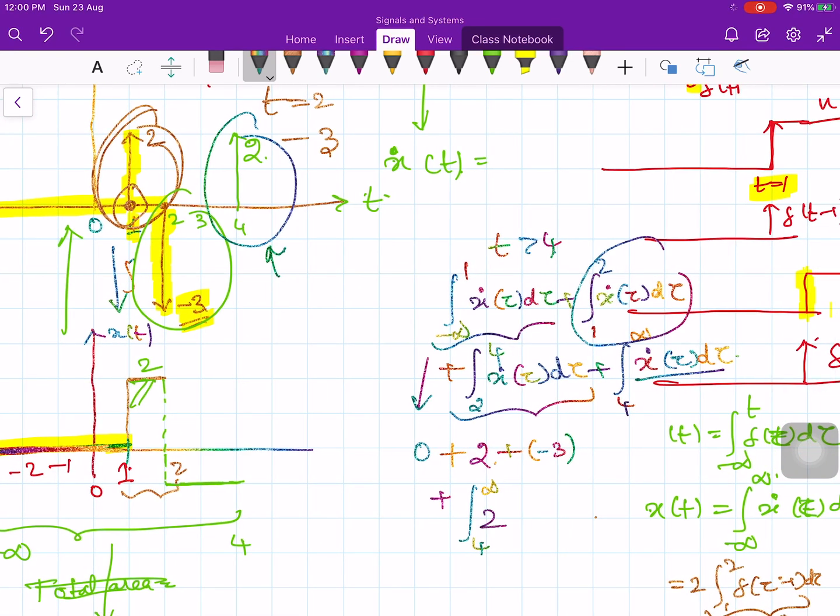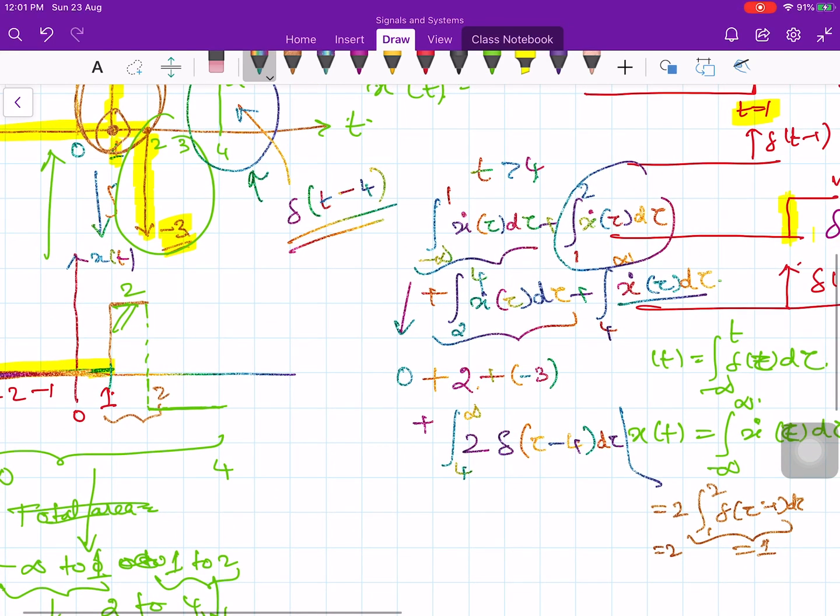How do you describe it mathematically? Del of t minus 4, since it is located at t equals 4. So you substitute here del of tau minus 4; it's a dummy variable, that's it, d tau. So this is equal to 2 minus 3, which becomes minus 1, plus 2 times the integral of del of tau minus 4 d tau, again from 4 to infinity.